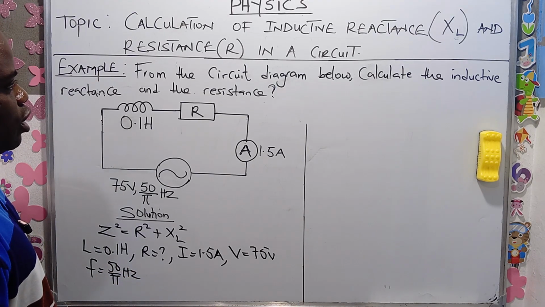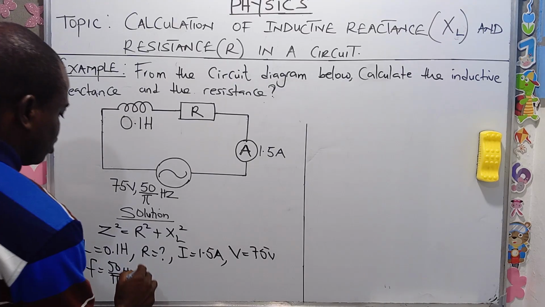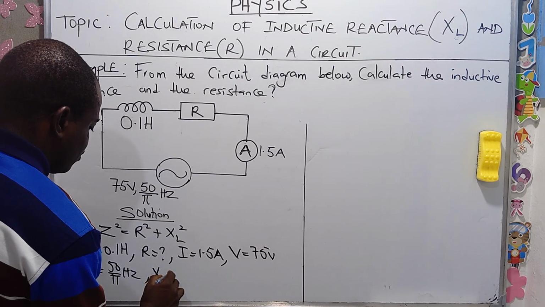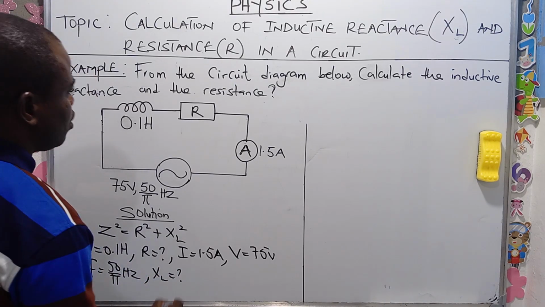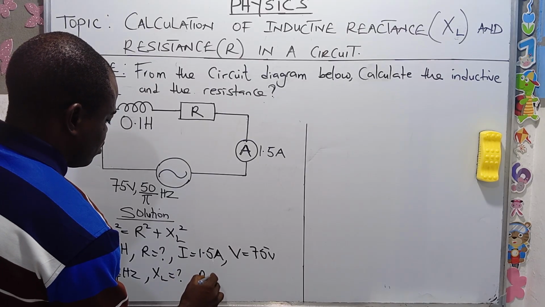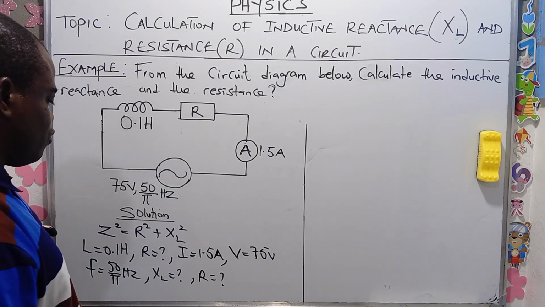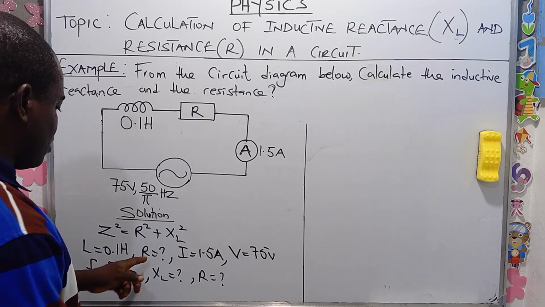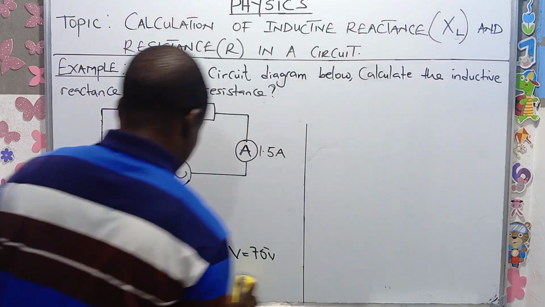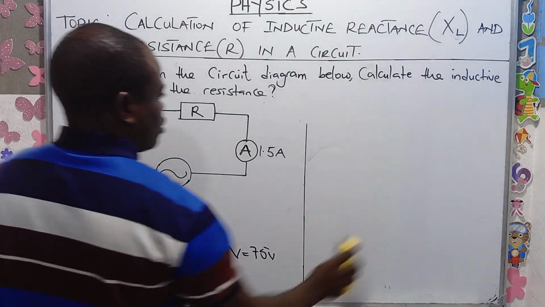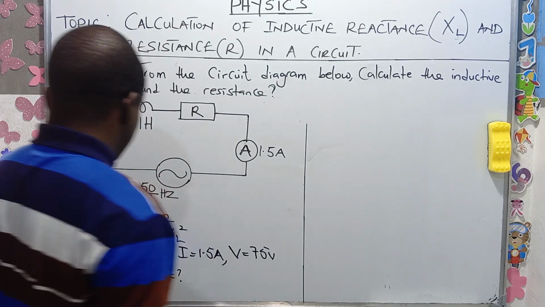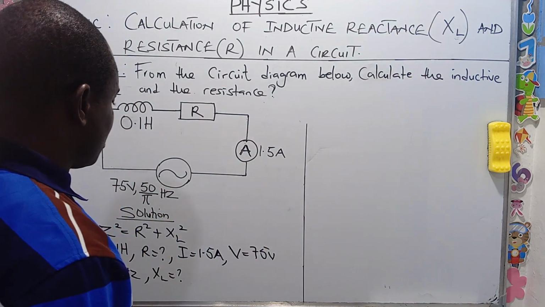And we have to look for the inductive reactance, XL, and we're looking for the resistance R. So those are the things we're looking for. Now from here let's look for the XL because we don't have XL.